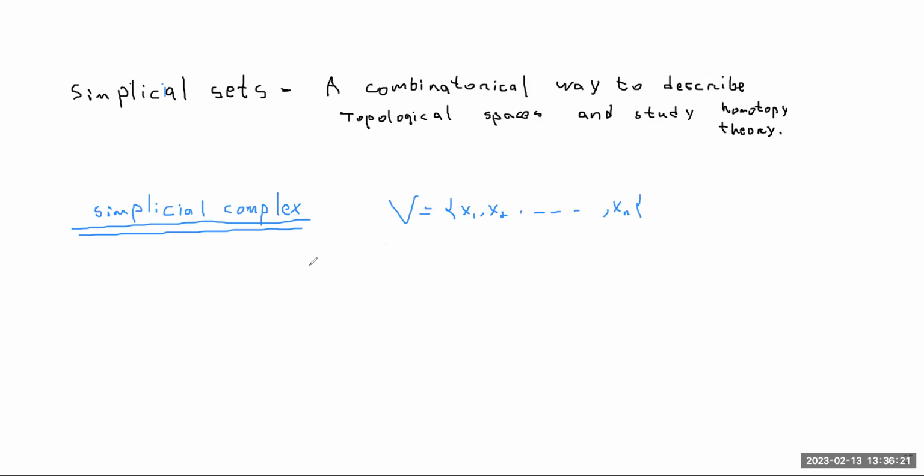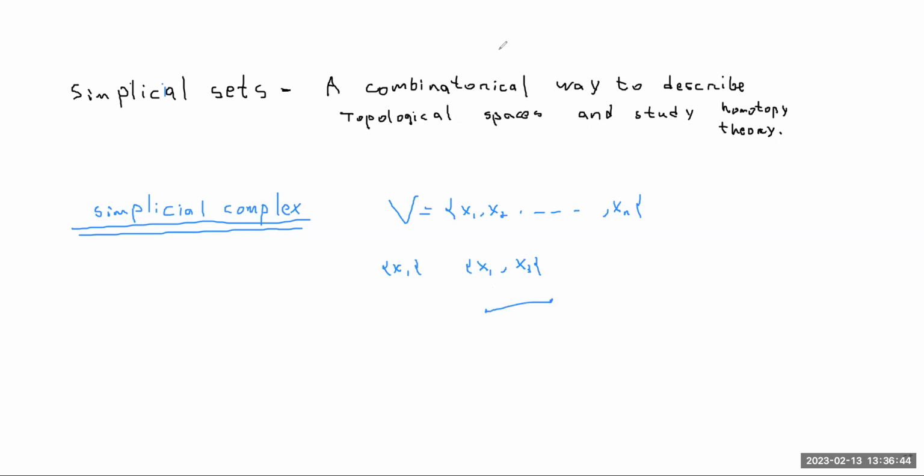We take subsets of V: a single vertex is a point, two vertices like x1, x3 give a segment, and three give a triangle.